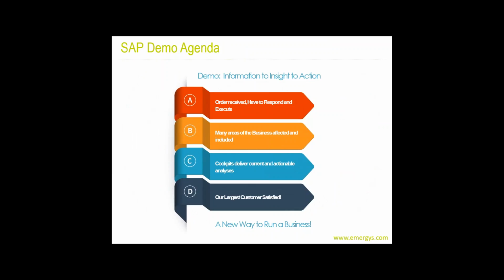Whatever the insight's telling them is bad or potentially going bad, they can drill right in and resolve those issues either before they become major or resolve the ones that are out of hand already and get the business back on track. So the insight to action is really the big message here.